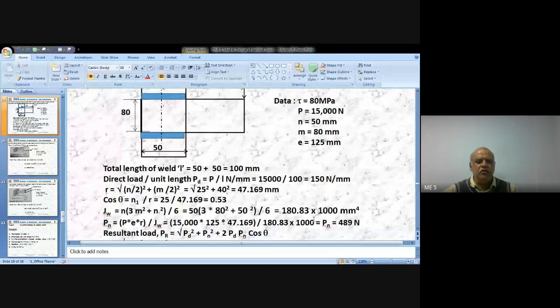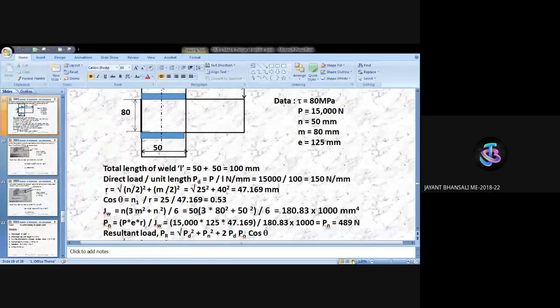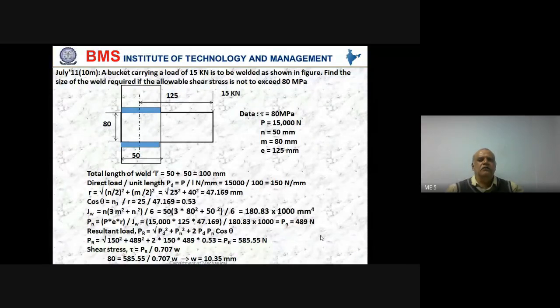Are you people there? Yes, sir. Yeah, please check. So this is the difference between the other joints. If you have straight welded joints, like parallel fillet welds, transverse fillet welds, like what is given in the data handbook, only for L joint and C joint you need to locate CG, okay?